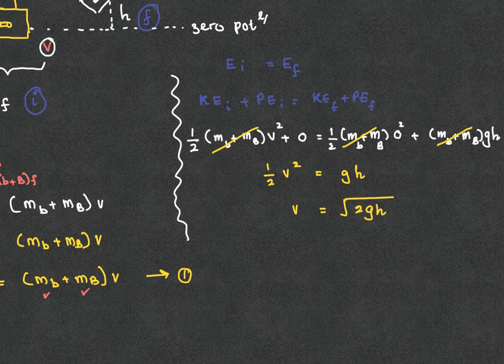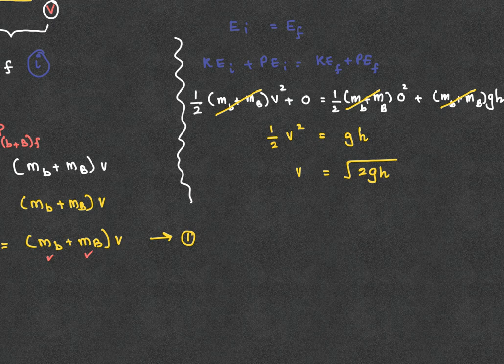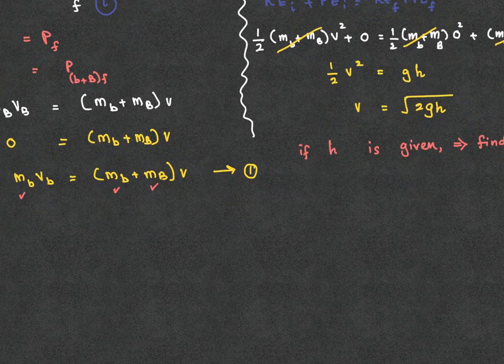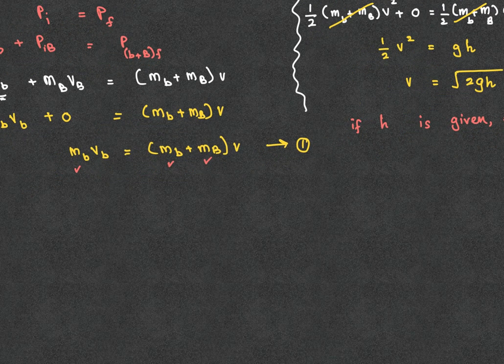Now if the height is given in the problem that we discussed in the class, the height was given. If h is given, then you can find v, and once v is found, you can substitute it in equation 1. So I am just going to use the v that we have up there and then write the final value for v bullet and then complete the problem.